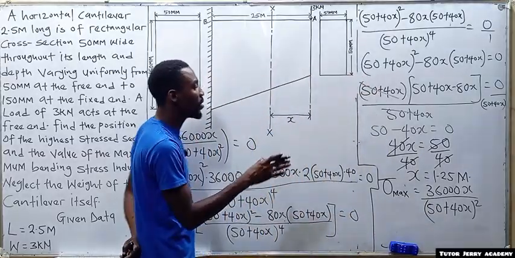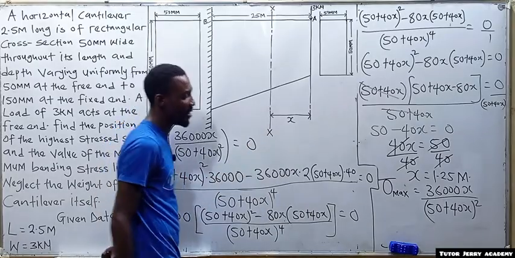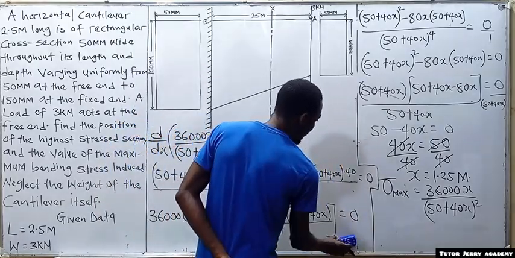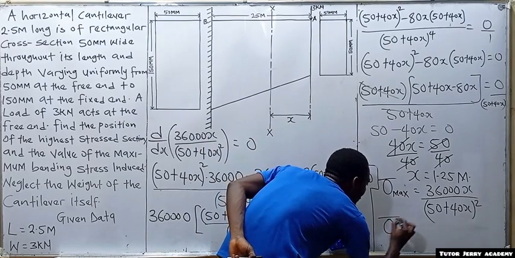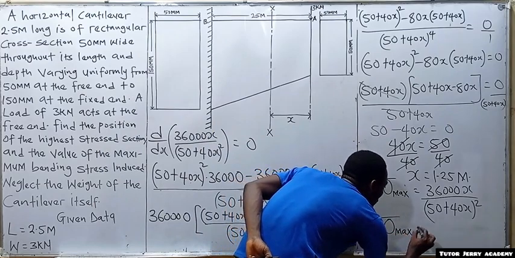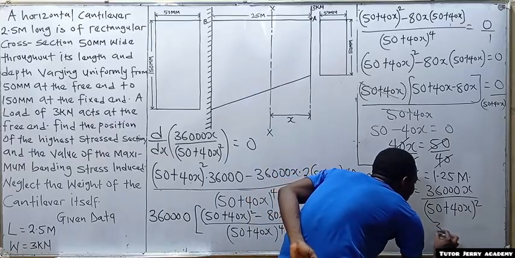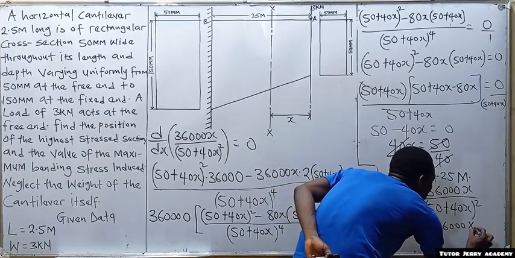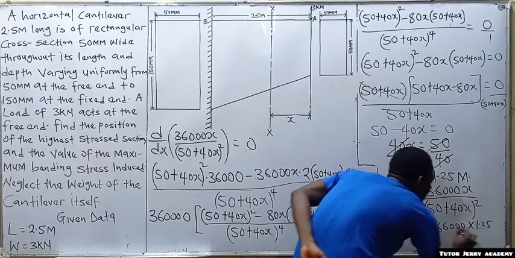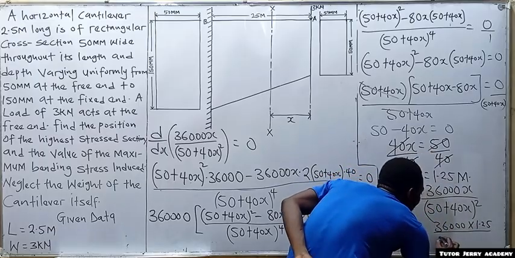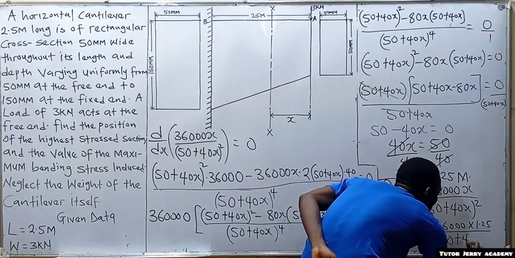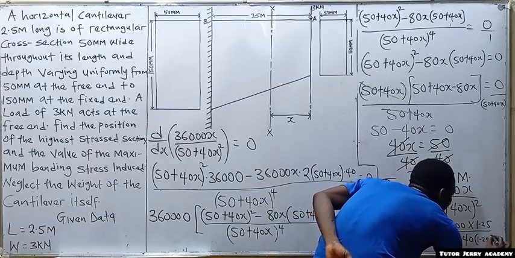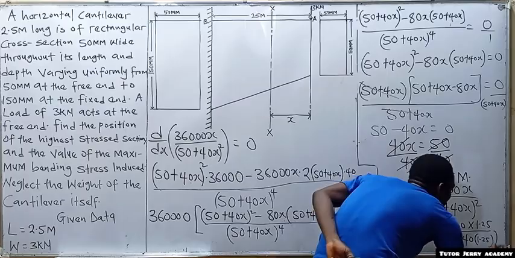So now we are going to substitute the value of s here. Our maximum stress will therefore be equal to 36,000 multiplied by 1.25, divided by (50 + 40 into 1.25), then everything all squared.